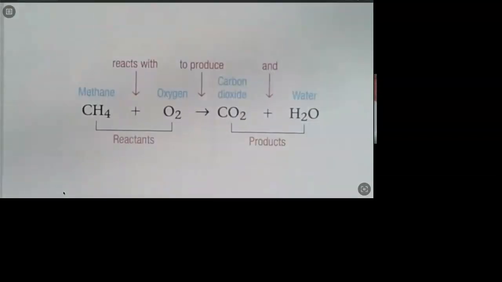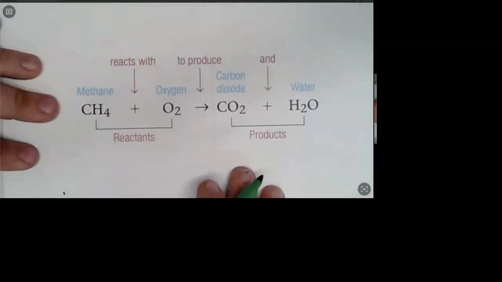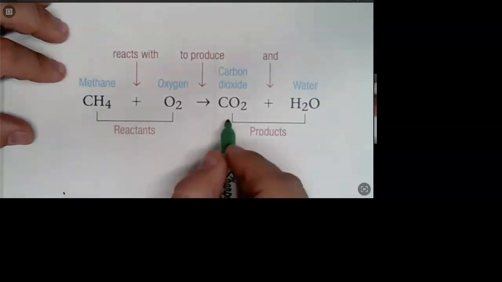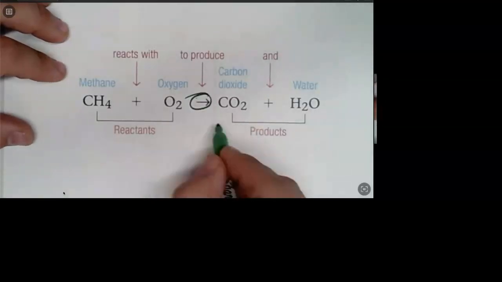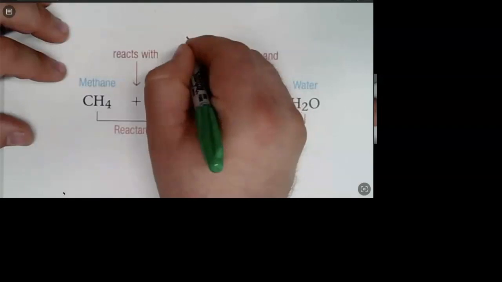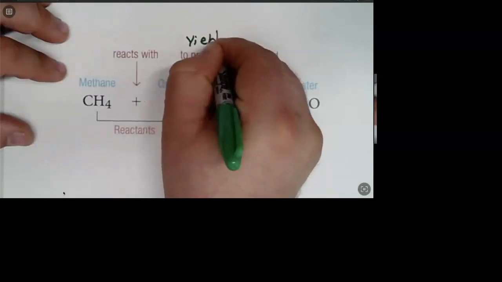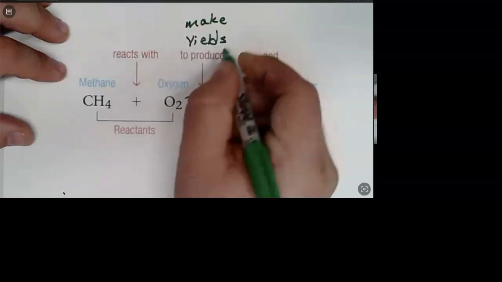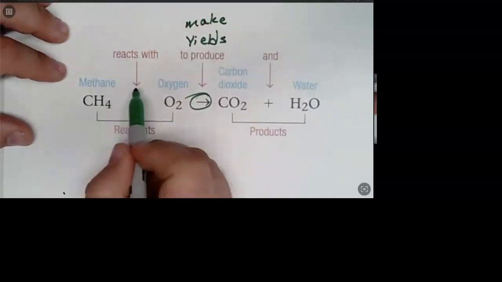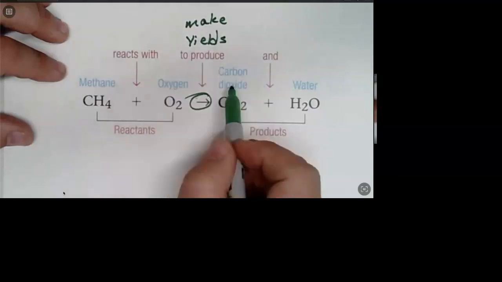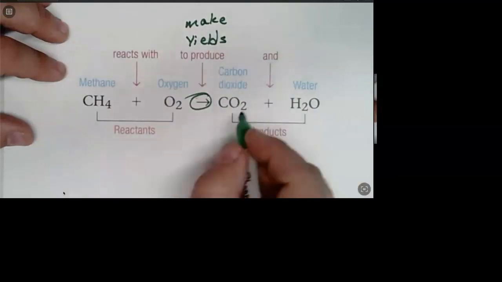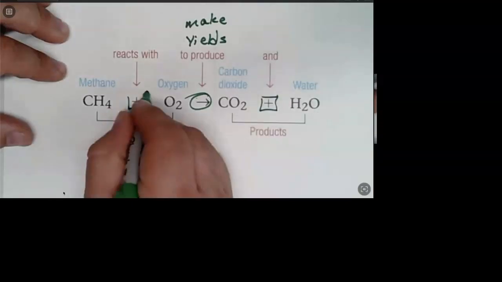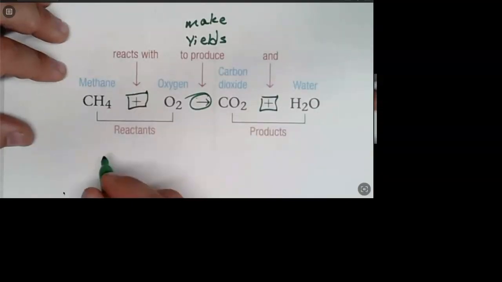Now, speaking of chemical reactions, we want to talk about what the parts of a chemical reaction are. This arrow right here is called the yields arrow. Sometimes it's called make, like we would read it as methane reacts with oxygen to make carbon dioxide and water. Because these little plus signs imply that we're adding those two ingredients together.